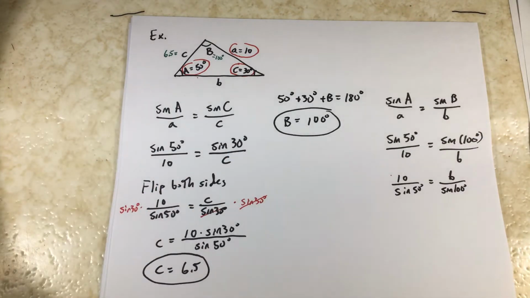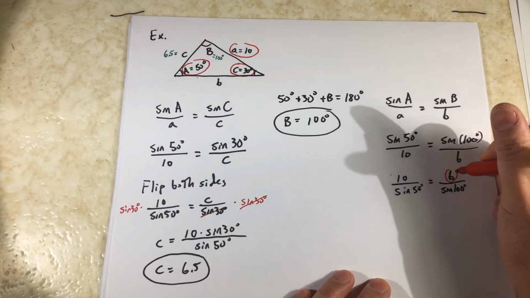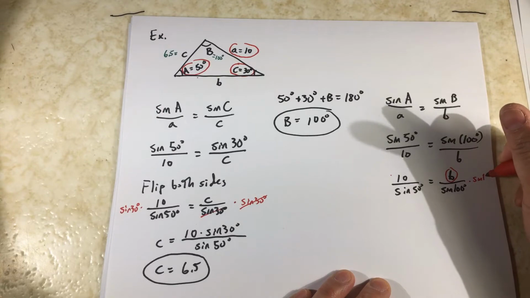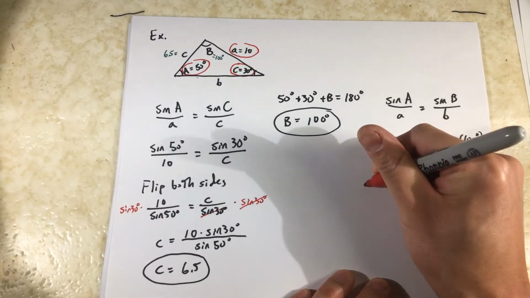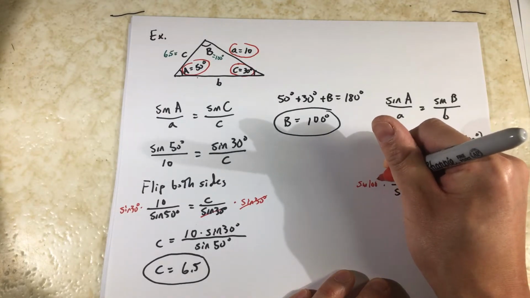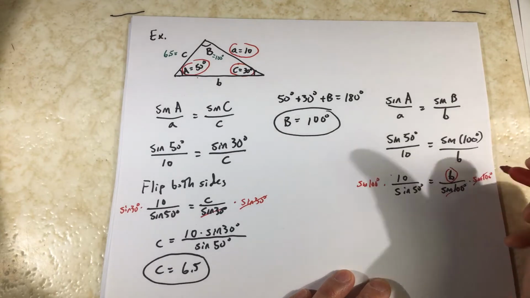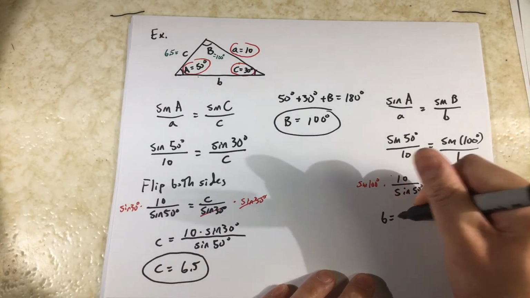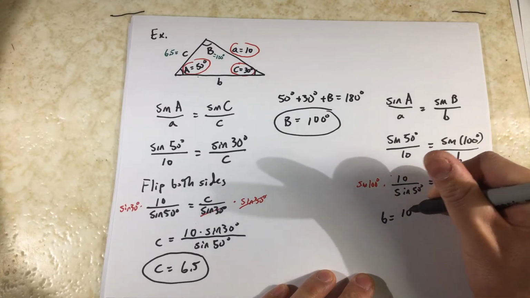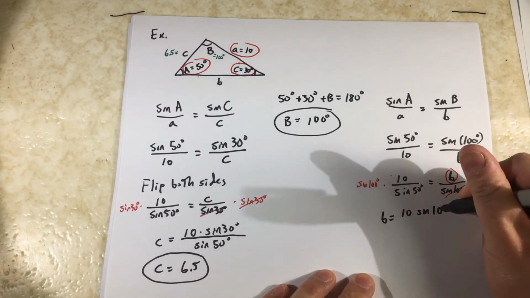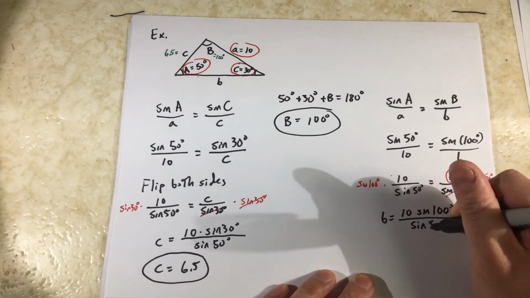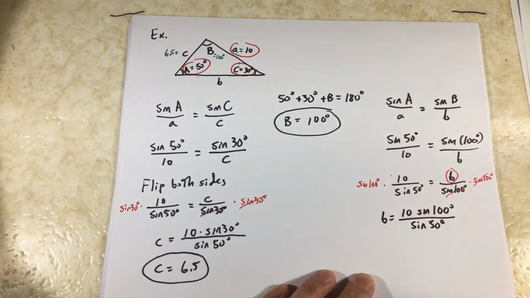Then to solve for b, I'm going to multiply both sides by this denominator, sine of 100. So this cancels out. And I get b equal to 10 times sine 100 divided by sine 50 degrees.